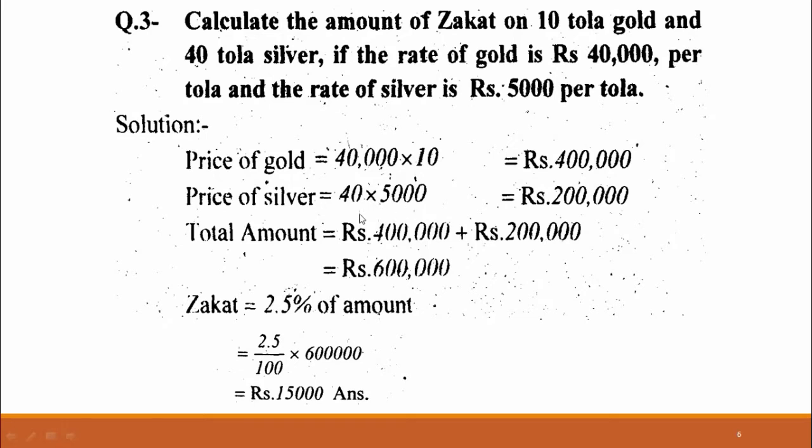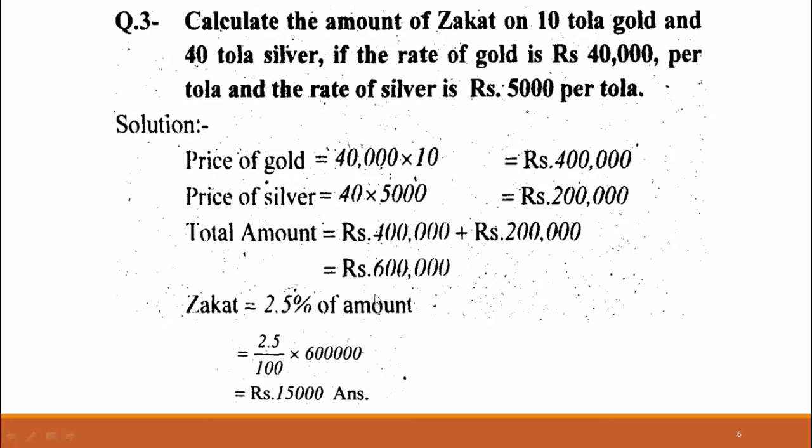So 5,000 multiplied by 40, because in this question it is given that 40 tola silver, and per tola silver is 5,000. 5,000 multiplied by 40, we obtain 200,000. So the total amount is 4 lakh plus 2 lakh is equal to 6 lakh.